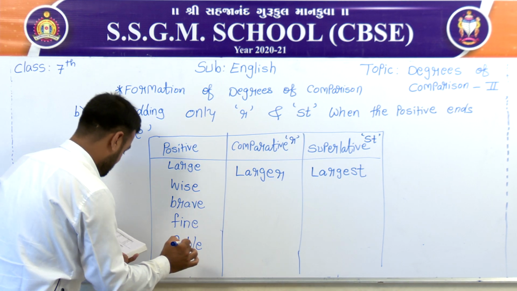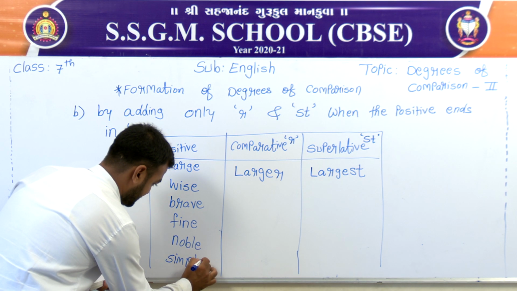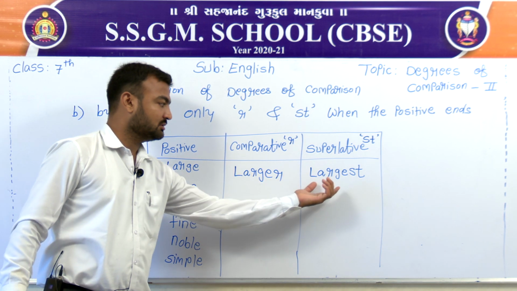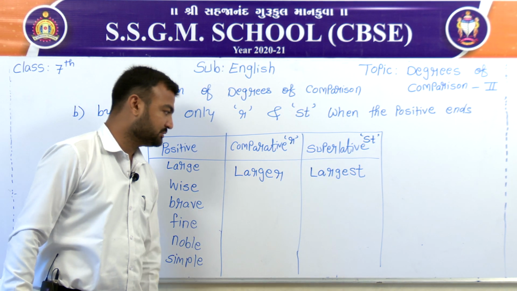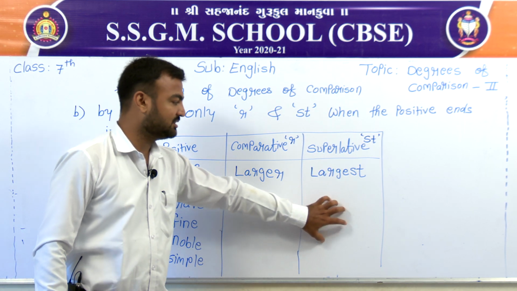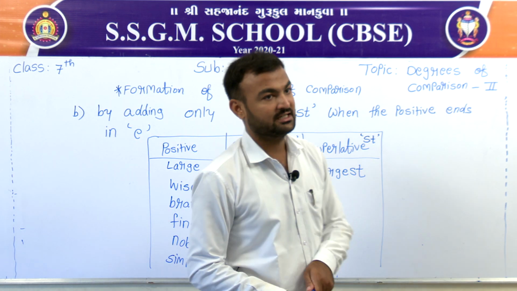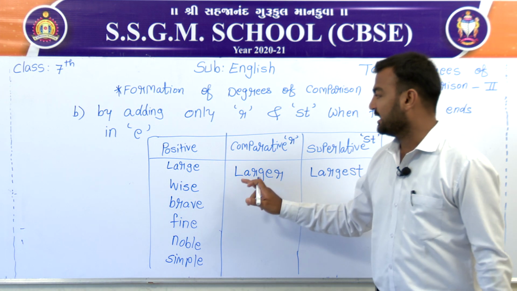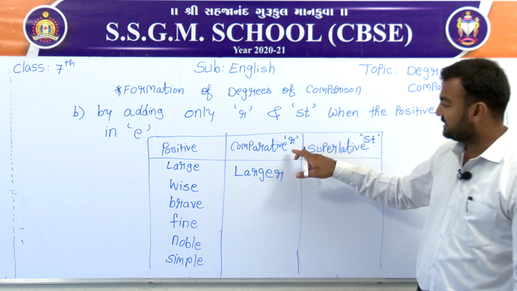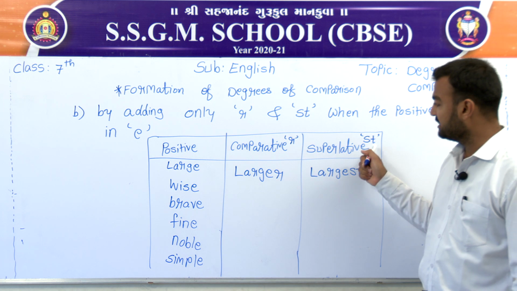NOBLE, noble, and SIMPLE, simple. Students, number 1 I already showed and explained to you. Now you have to complete this table by yourself. You know what you have to add in the comparative and what you have to add in the superlative, so it becomes easy for you to complete the table I have already written over here.